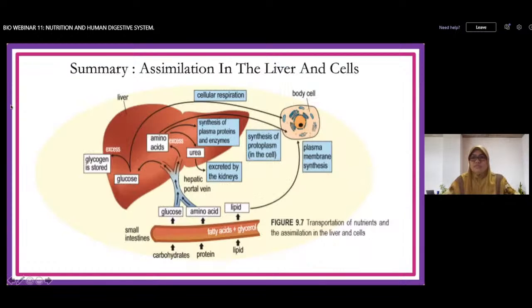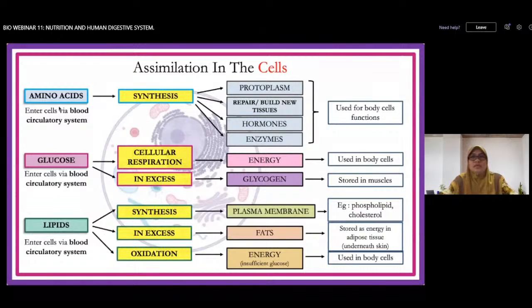So okay, when amino acid akan disynthesize dekat body cell, amino acid akan disynthesize into protoplasm, and protoplasm ni apa? Okay, combination of nucleus, cytoplasm and other organelle.